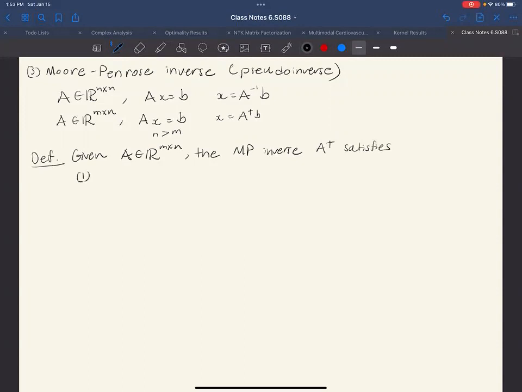And these are 4 properties. Honestly, they're a little bit unintuitive, which is why right afterwards, we'll give a very intuitive formulation for the pseudo-inverse based on the singular value decomposition. And to just save space, I'll list 3 and 4 here.